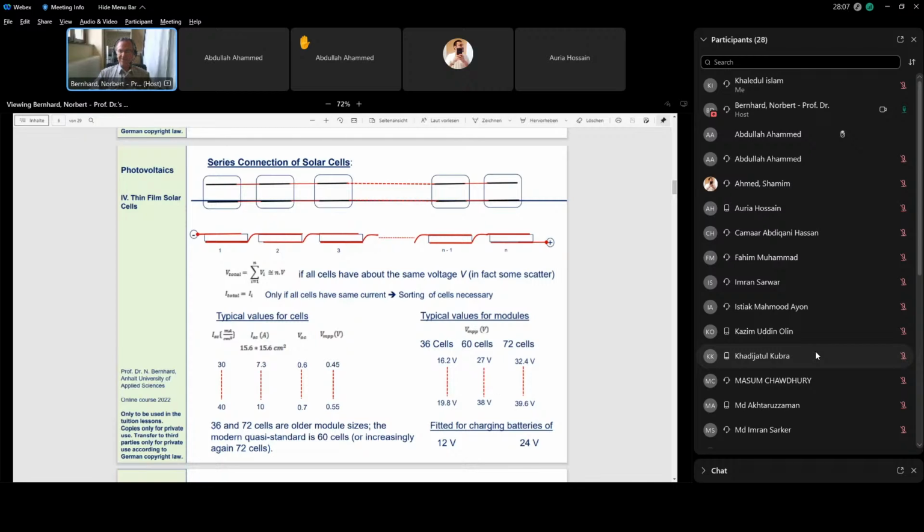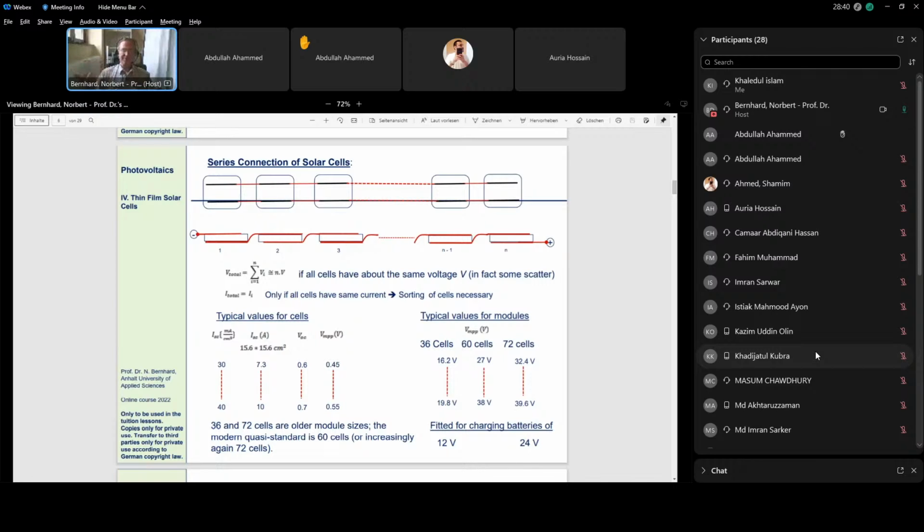The 36 and the 72 are just well fitted for charging batteries of 12 volts and 24 volts. And therefore, of course, in the initial days, where not so many applications were for grid connection, these were the dominating cell sizes. Meanwhile, the standard is, or was for a decade, 60 cells. Meanwhile, we see again increasingly 72 cells in one module.